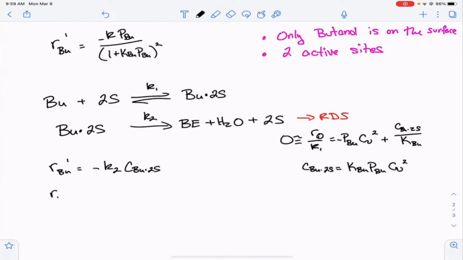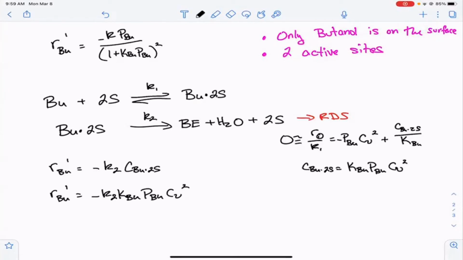And so we can put this into our rate law. So that equals minus K2 times K butanol times the pressure of butanol times CV squared. And if you look at this, you think, oh, we got it. We absolutely have it. But here's kind of where it goes awry.